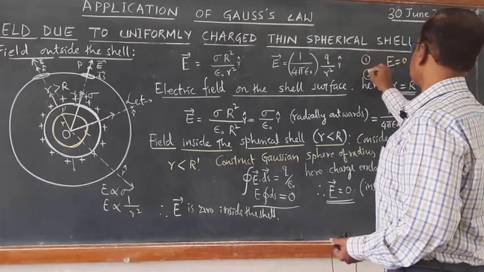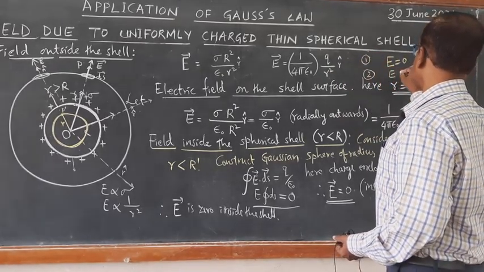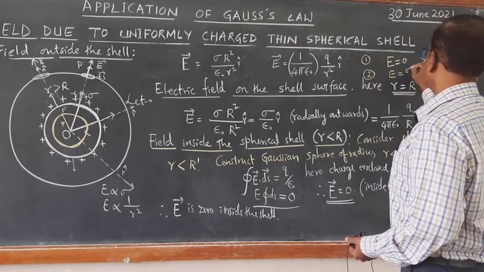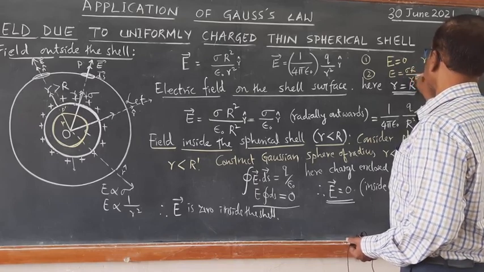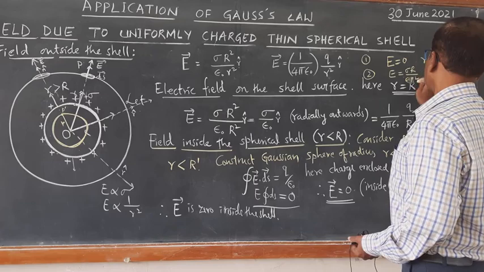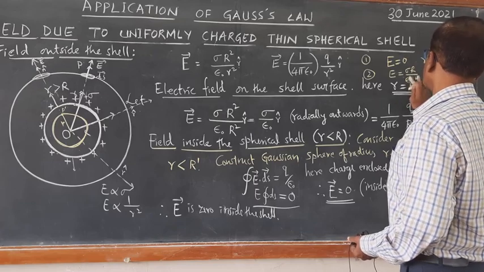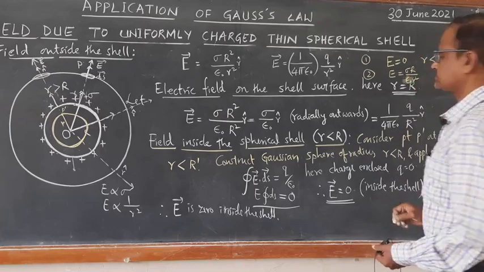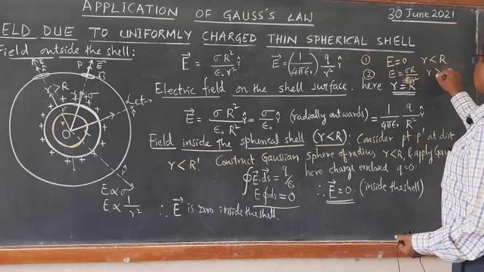Then second, E is non-zero, equal to sigma R square upon epsilon naught r square, when r is greater than R.